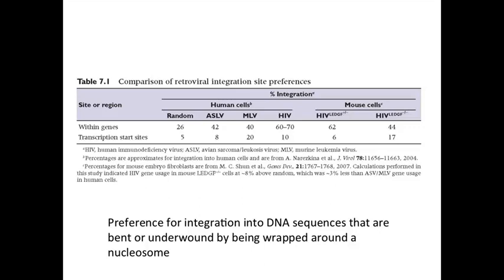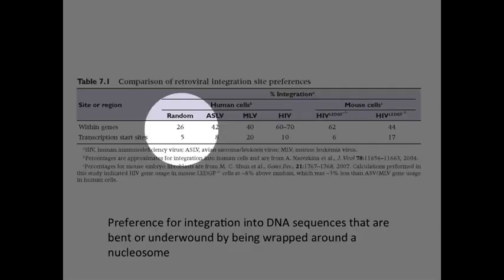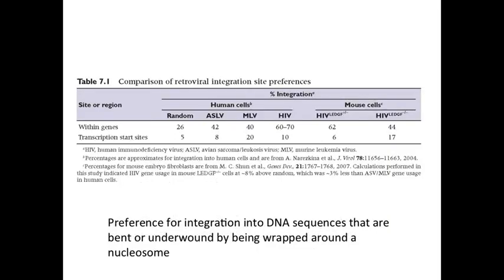These are expressed as percentages. So for example, if you just threw DNA randomly into cells and allowed it to integrate, these are the numbers you would expect simply by the numbers of coding regions and transcription start sites within our genome. 26% of the time we'd expect to be within a gene, and 5% of the time within a transcription start site. Now you can see the numbers are not the same as randomness for these viruses.